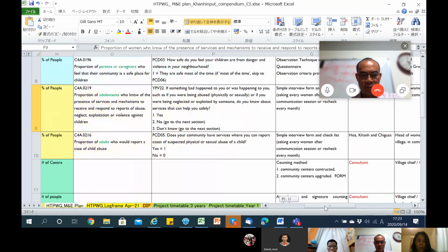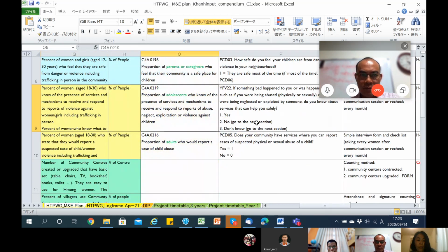So this is to measure the knowledge level of women and girls. And we do have a compendium indicator for this. But like the other one, we have to adjust a little bit, because this compendium indicator targets adolescents, not women.